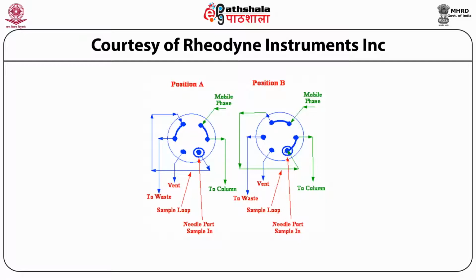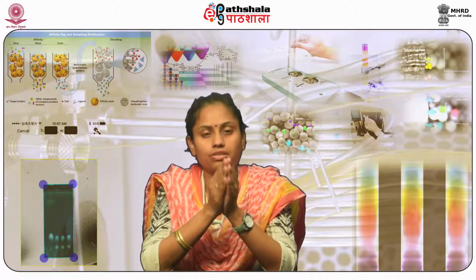So now the liquid system comprises the mobile phase and sample, which moves over the charged column of the ion exchange chromatographic system. Column in ion exchange chromatography.